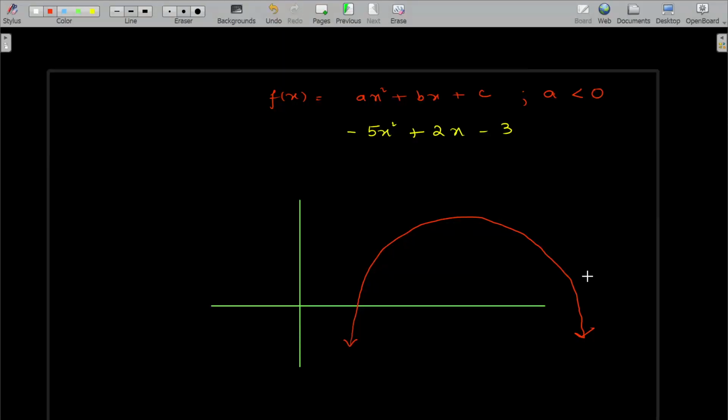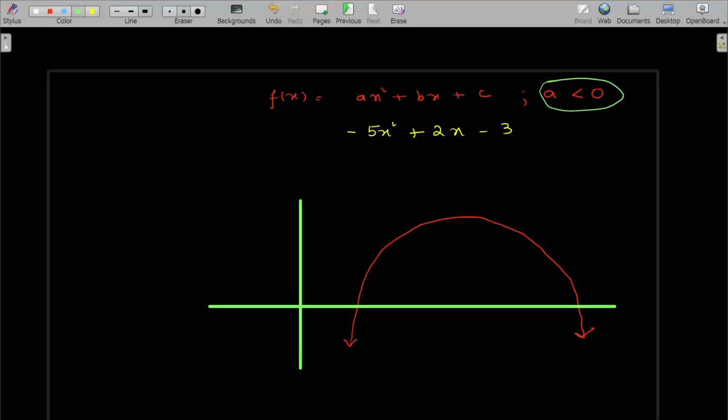Yeah, and so this will happen whenever your a is negative. And in this case, instead of the minimum value, we will get the maximum value. Rest everything will be the same. All the features will be the same. It's just that instead of the minimum value, we will get a maximum value, and the points will be exactly the same.